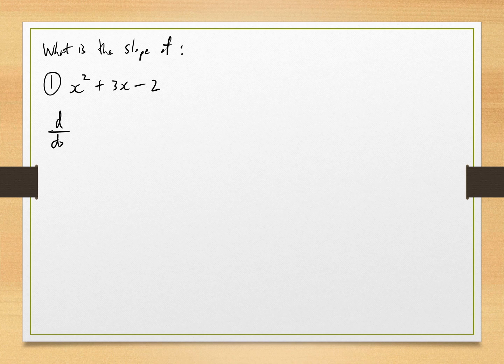So what is the slope of, let's say, a quadratic function? You want to find the slope of it. What can you do? d/dx of x squared plus 3x minus 2.